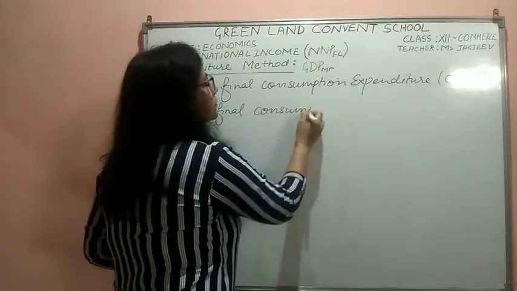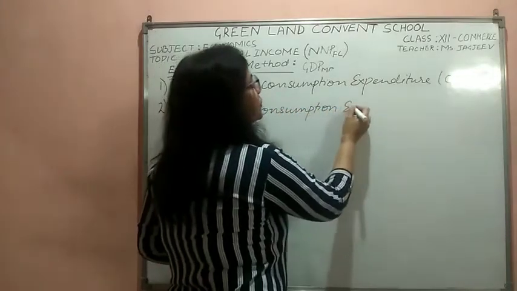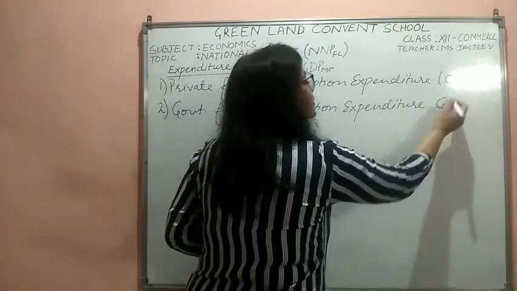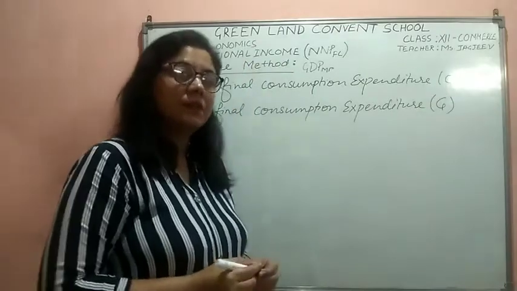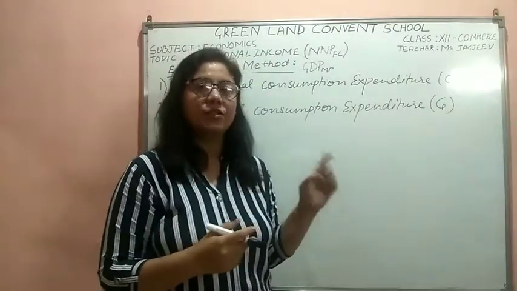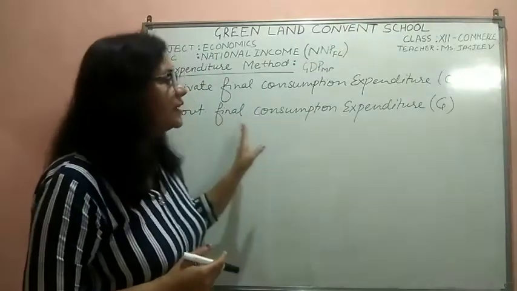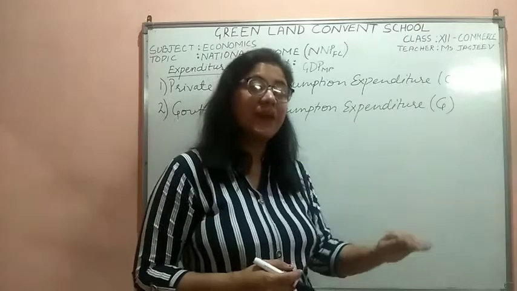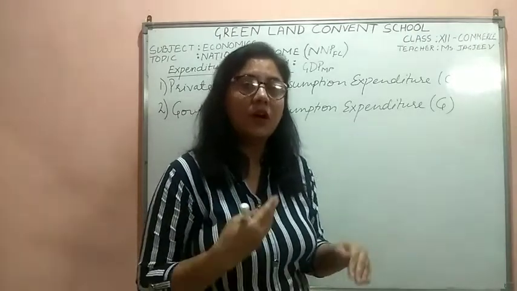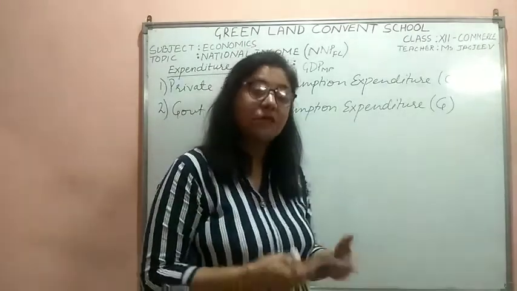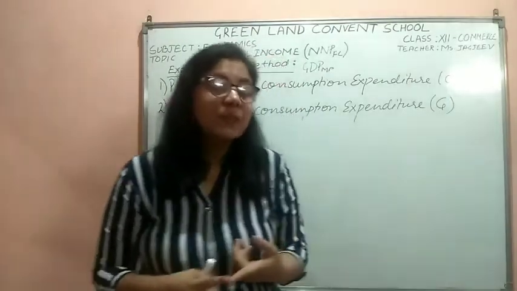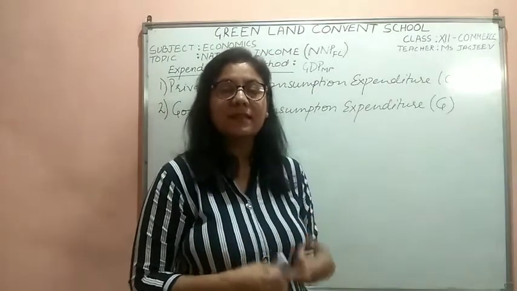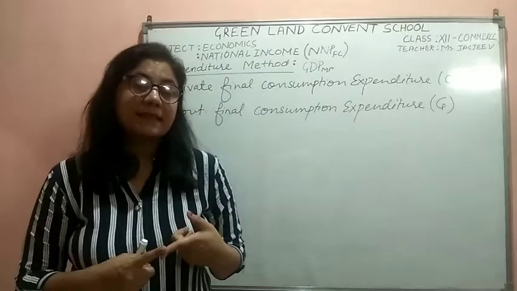After private final consumption expenditure, we have government final consumption expenditure. It's termed as G. Now let me make it clear what government final consumption expenditure is. It means the final consumption expenditure done by the government on purchase of food for the defense personnel, purchase of uniforms for the defense personnel, purchase of midday meals.